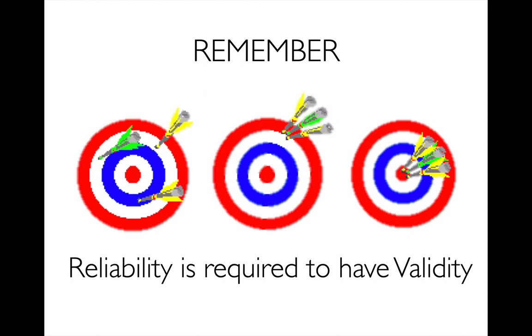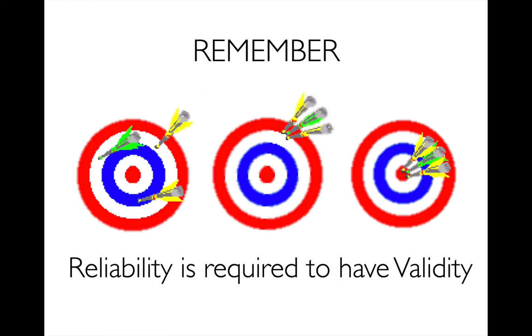Here you have examples I use to visualize reliability and validity, whereas on the left you have neither validity or reliability. In the middle one, you have reliability because you're getting the same measurement every time, but you don't have validity.